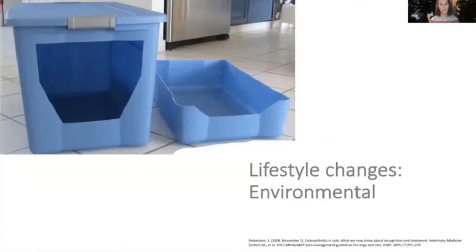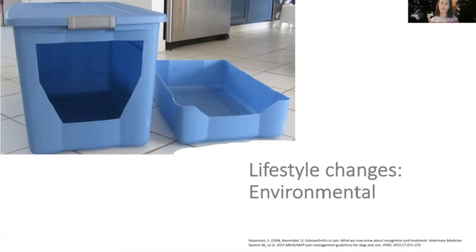So some of the lifestyle changes that we can make are to the environment. So modifying the environment to make sure that they still have access to all of those things that we identified as being important to their quality of life. So litter boxes being one of the things that we can alter for them. So making it so that there's a low entry for the litter boxes, making sure that they're in their core areas.